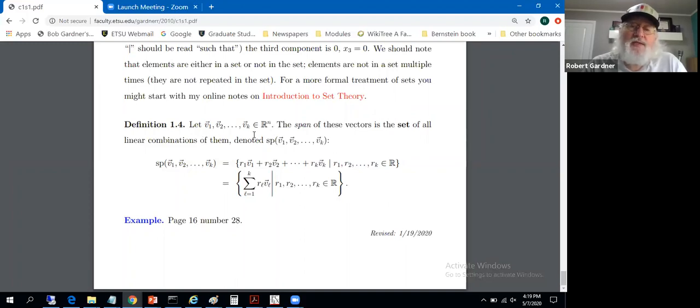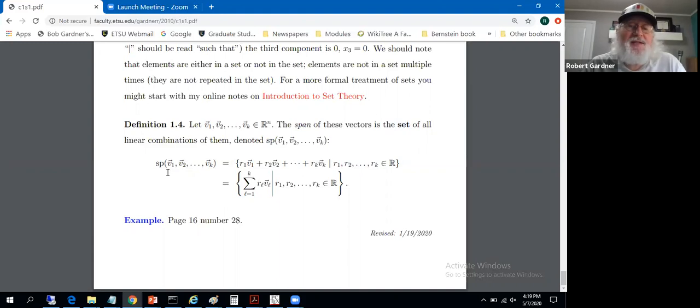The important thing is they all have the same number of components, n components. The span of these vectors is the set of all linear combinations of those vectors. It's denoted SP. Some books write the word out, SPAN, but we'll denote it SP of this collection of vectors v1 through v sub k.